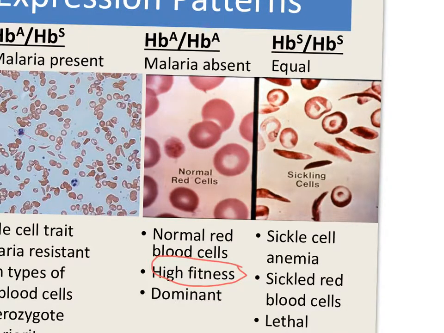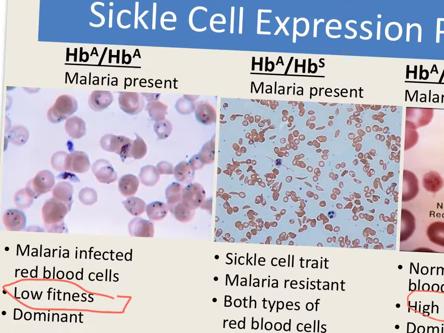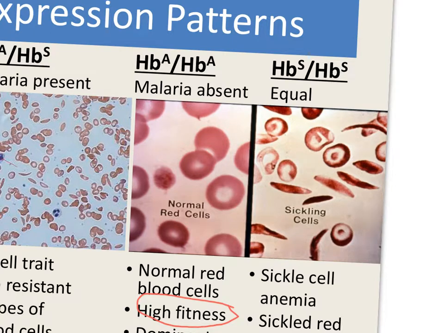Also, HbA, HbS in malaria absent would have lower fitness than the regular hemoglobin. Because the regular hemoglobin carries more oxygen than HbS. Now in the past I've just said HbA is dominant to HbS, but it's more complex than that. I just want to give you guys an idea of what we can actually see out there in terms of inheritance.